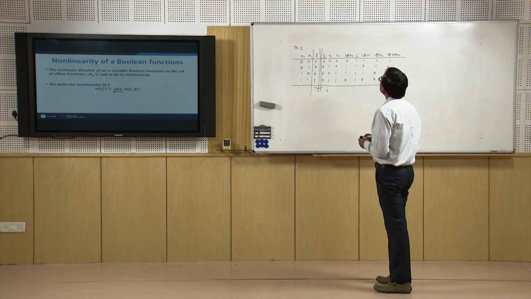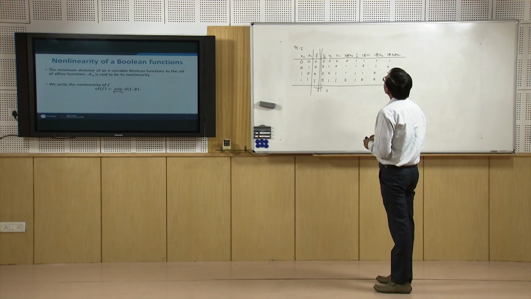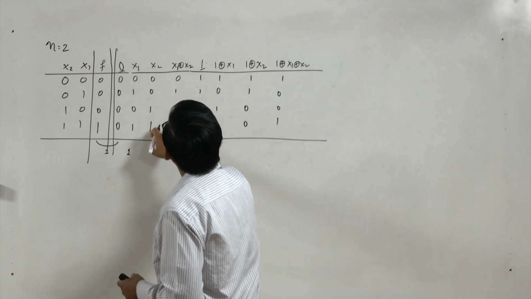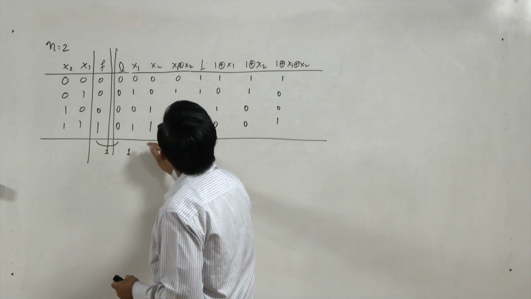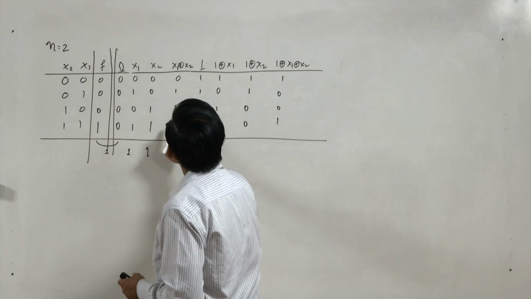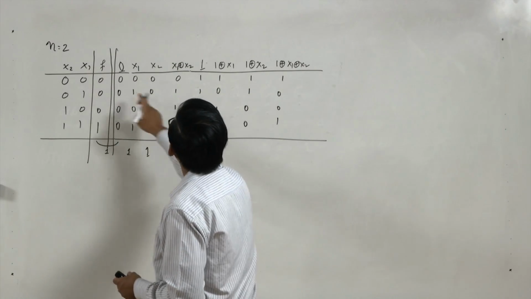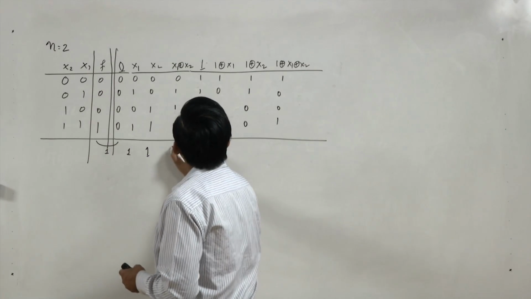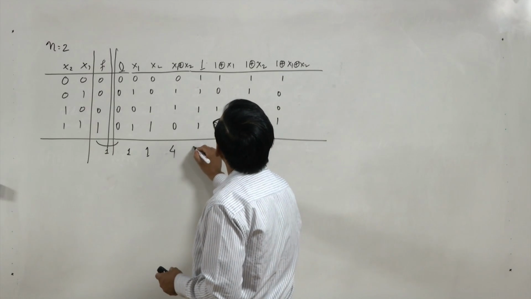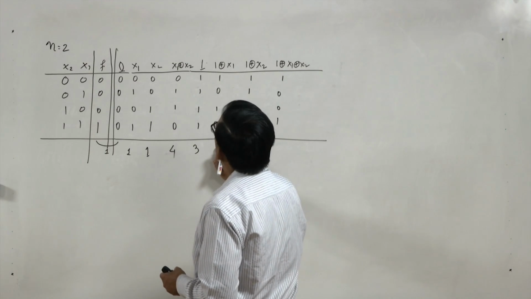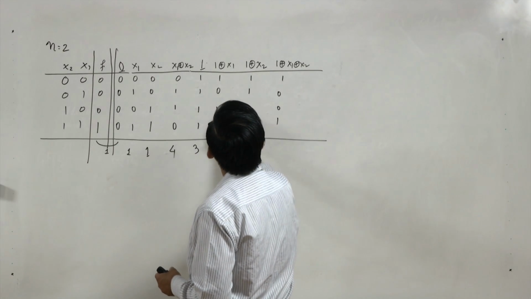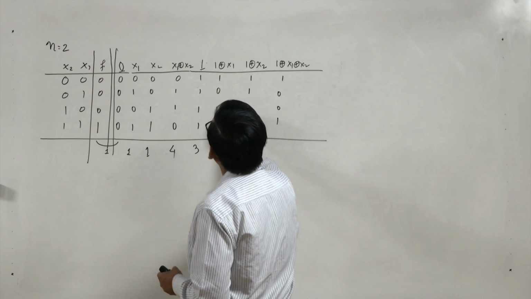Then here the distance is again 1, but here please see the distance is 1, 2, 3, 4. So, distance is 4. Here the distance is 3, here it differs over here, here and here.